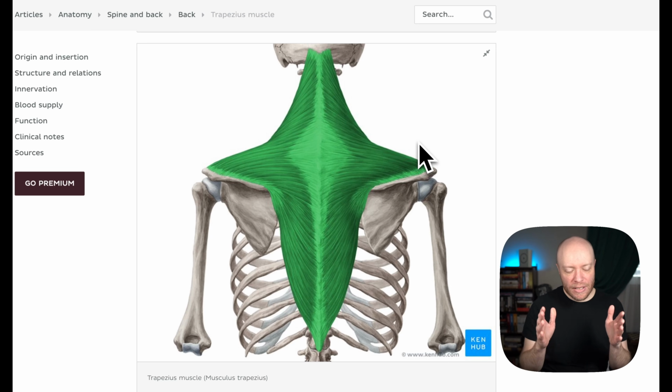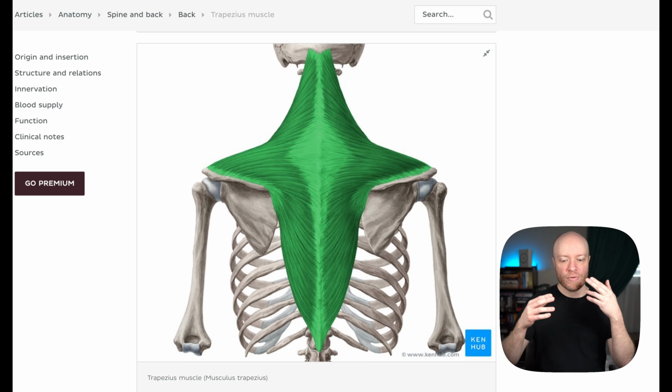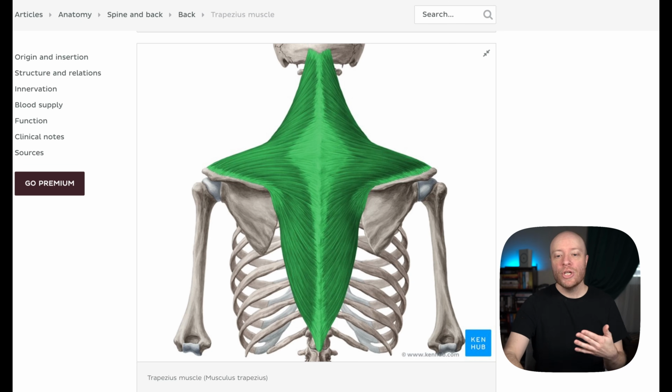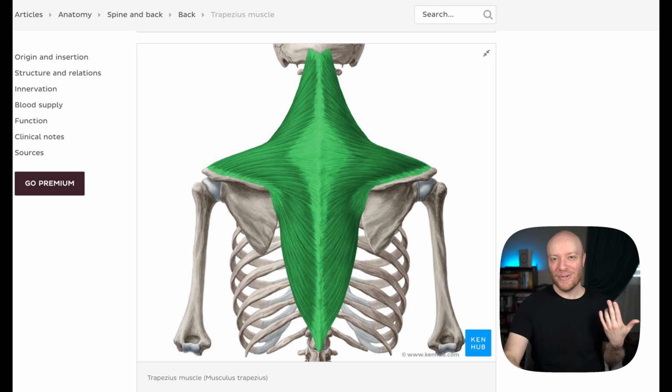And this is one of my biggest tips or tricks to understanding muscles: whenever you're looking at a muscle, instead of trying to just brute force memorize it, you want to look at the fiber orientation and play this mental gymnastics game of bringing point A and point B closer together. So, for example, if you were to imagine these fibers contracting, what would that likely do?